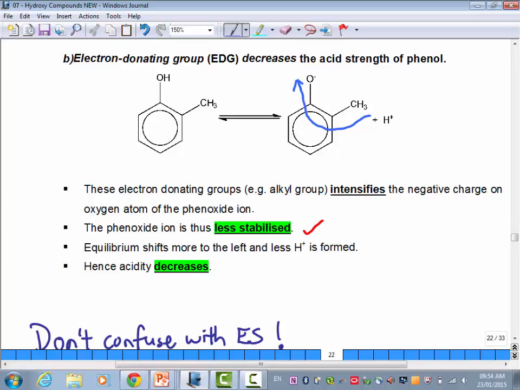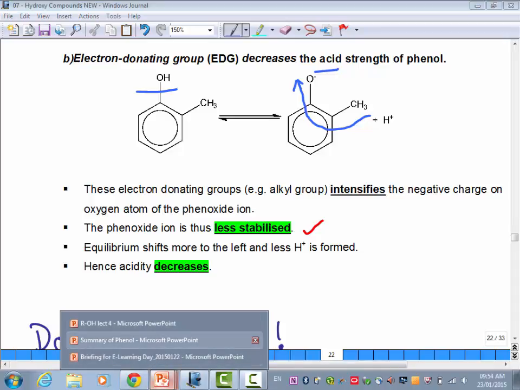It will intensify the negative charge. So originally it is like this, but with the presence of CH3, the charge intensity becomes even greater. So when the charge intensity is larger, it tends to recombine with your H plus to form back the neutral molecule. That is why it is less acidic. You understand? Okay? So if you understand the explanation, we can look at the question.